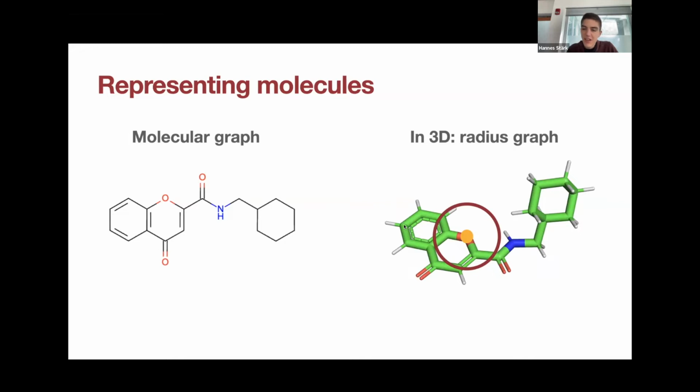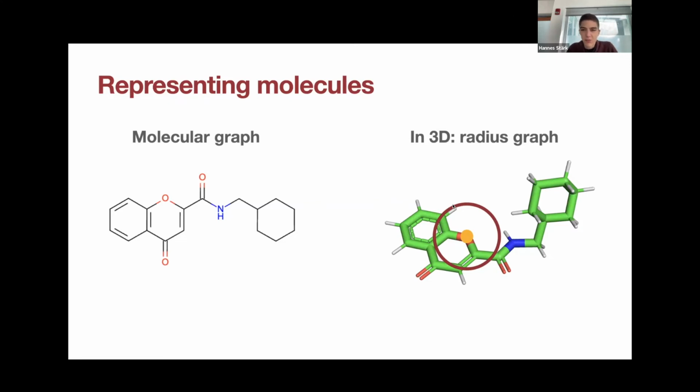And in that case, if we have the 3D coordinates as well, then what we often do is to build a radius graph. So we just connect each atom with the closest by other atoms that are within a particular radius of that first atom.